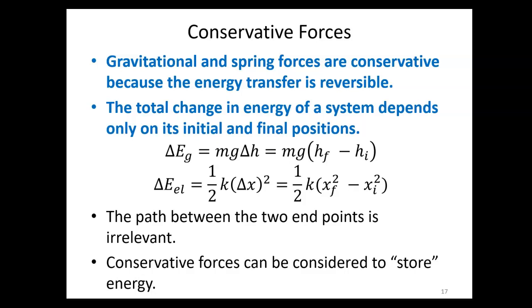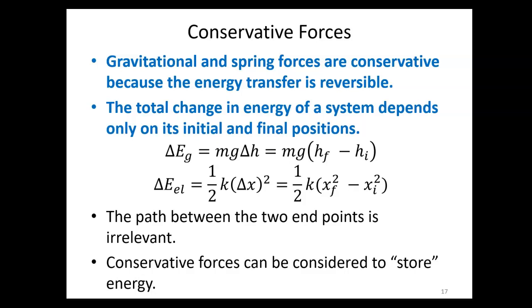There are two types of forces. Some forces are conservative, and the forces that we've talked about so far that are conservative are the gravitational forces and spring forces. The reason they're called conservative forces is because energy transferred due to these two types of forces is reversible.